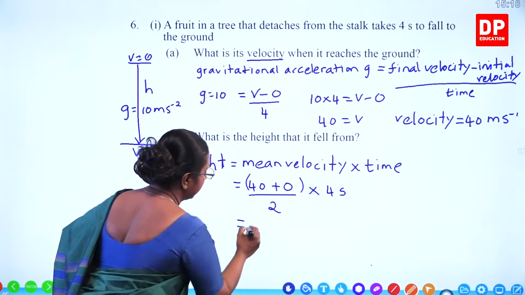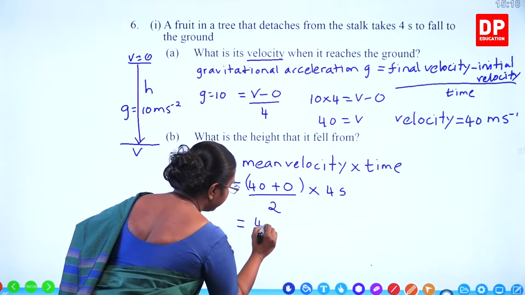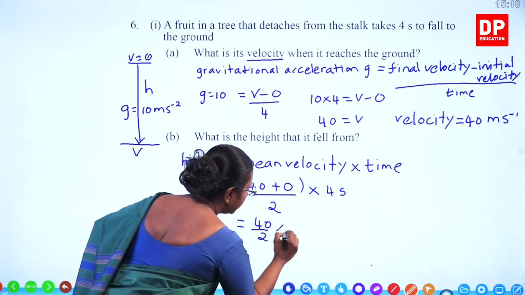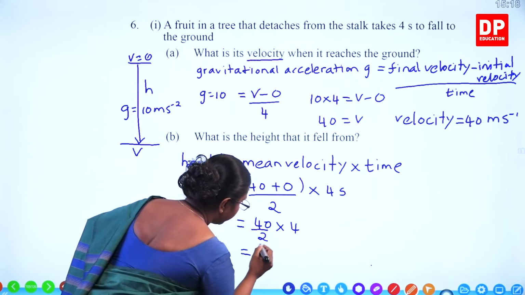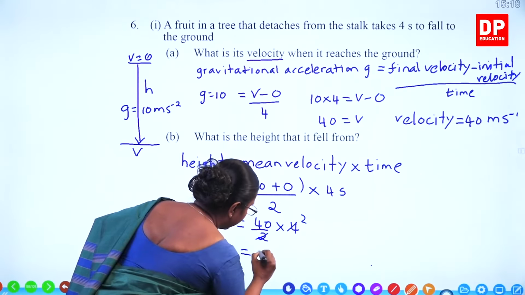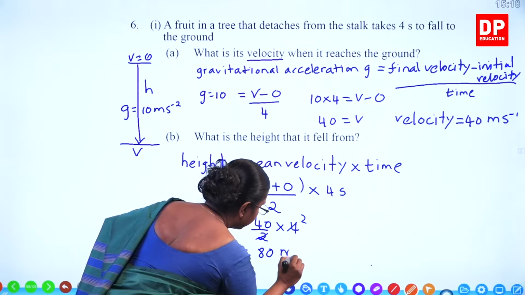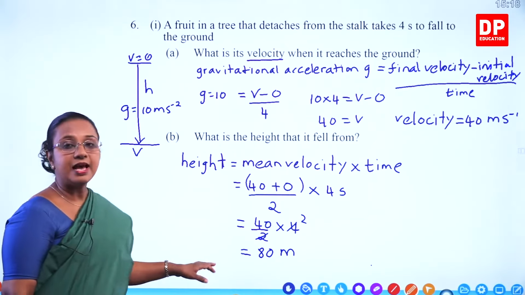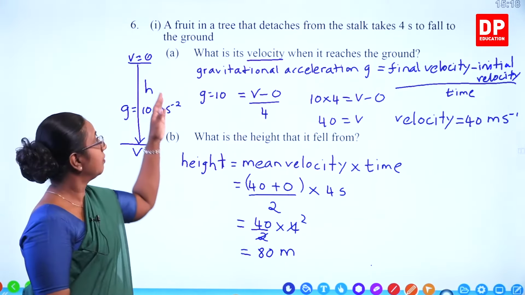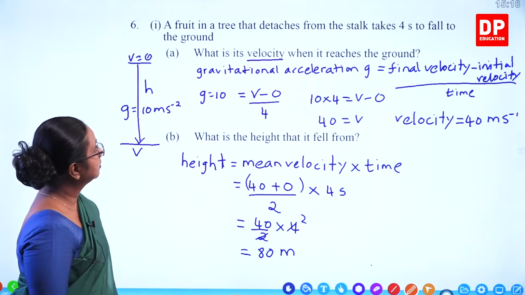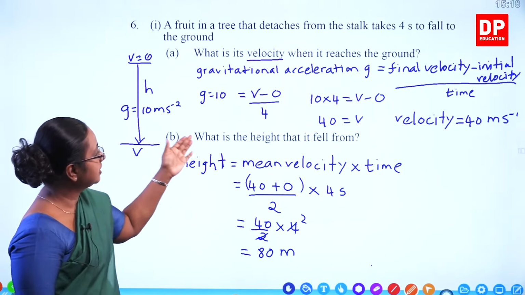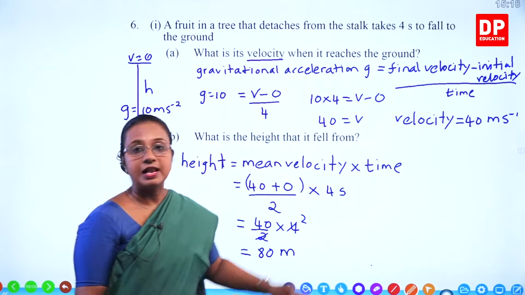So, that will be equal to 40 divided by 2 into 4, that is equal to 80 meters. That is the height of the fruit. What is the height that it fell from?